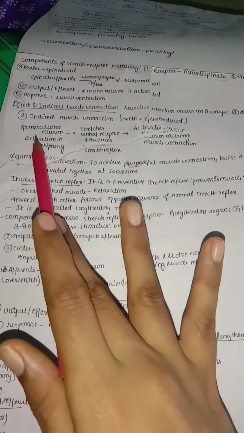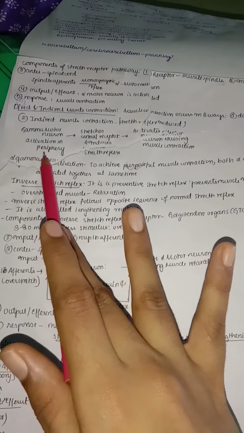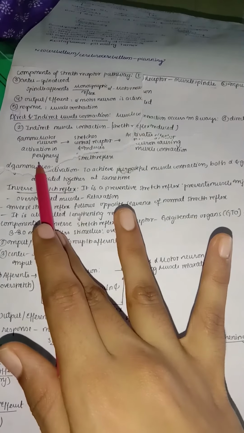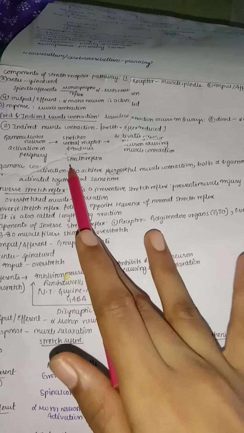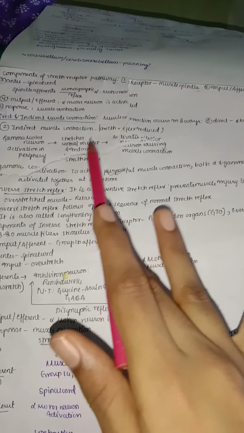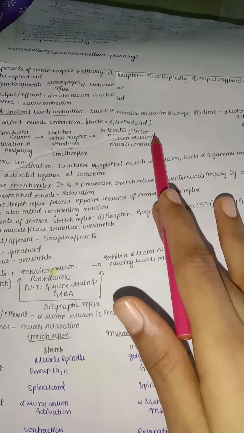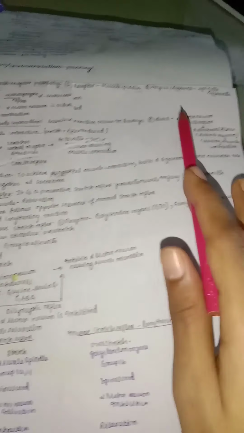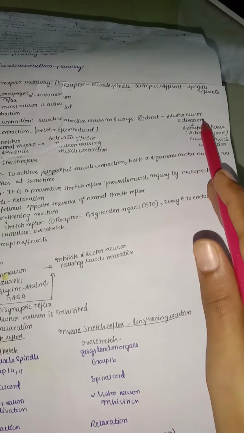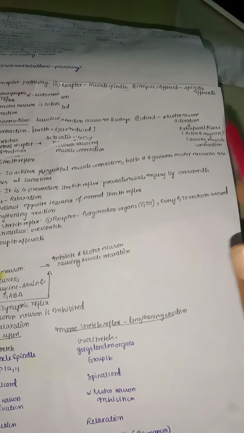How is it induced? First it activates the gamma motor neuron in the periphery, and this gamma motor neuron stretches the central receptor and induces a stretch reflex, and this activates the alpha motor neuron causing the muscle contraction. So you can see in the direct pathway, directly the alpha motor neuron is activating the extrafusal muscle and causing contraction.